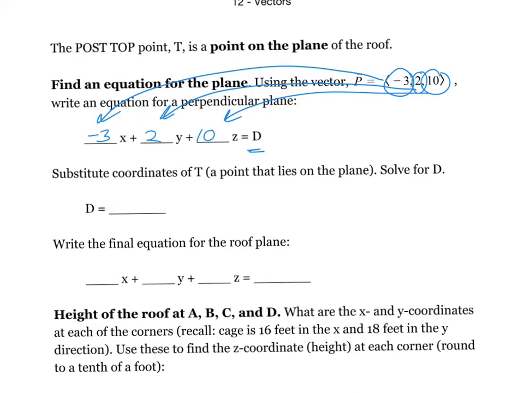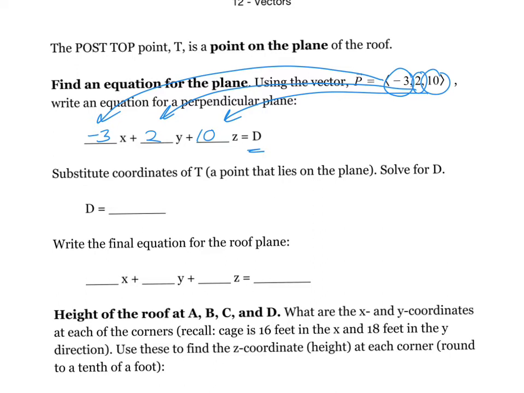Now, in order to figure out what this value of D is, we need to know the coordinates of a point that lies on the plane. And the one point that we do know lies on the plane is the point at the top of the post. That was easy to figure out from the components of the post's vector.